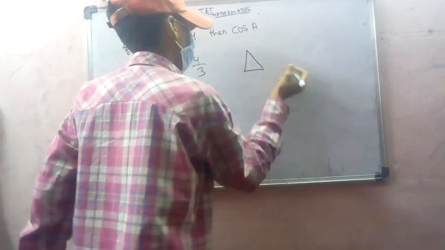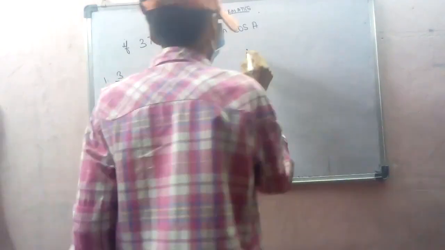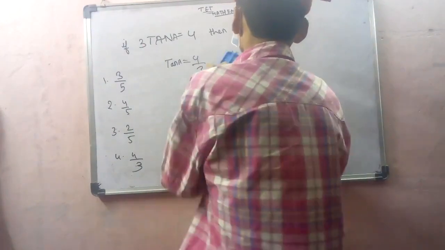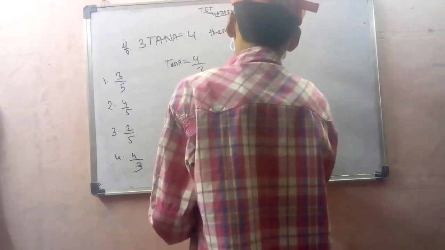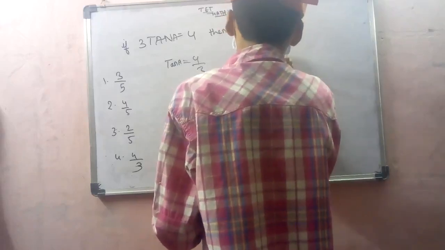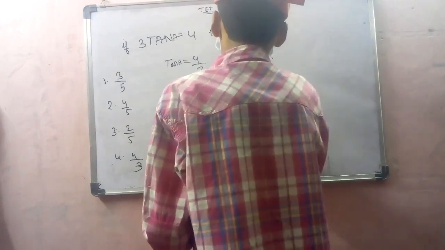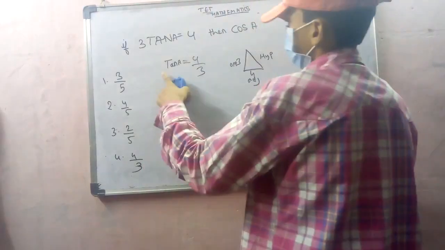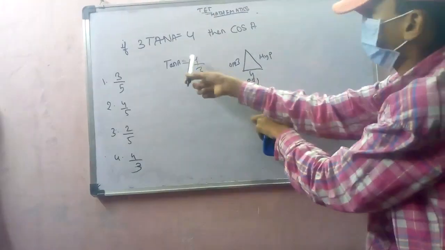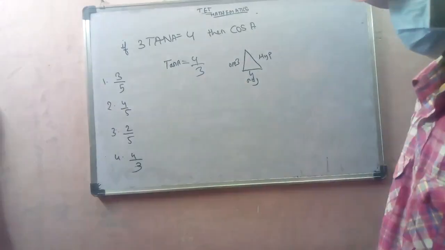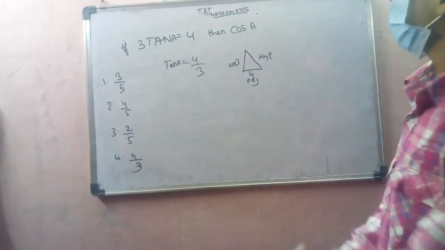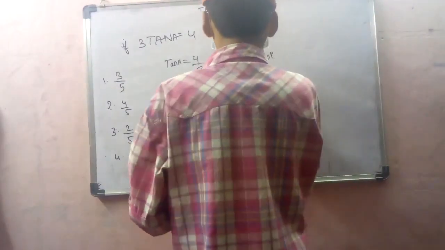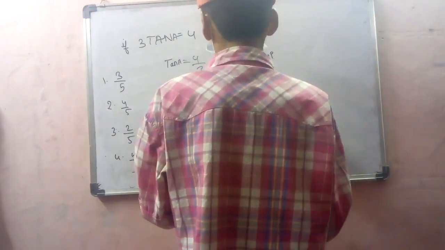Okay? One side is the hypotenuse. Here the opposite side is 4 and the adjacent side is 3. Tan theta means opposite side by adjacent side, so here 4 by 3.